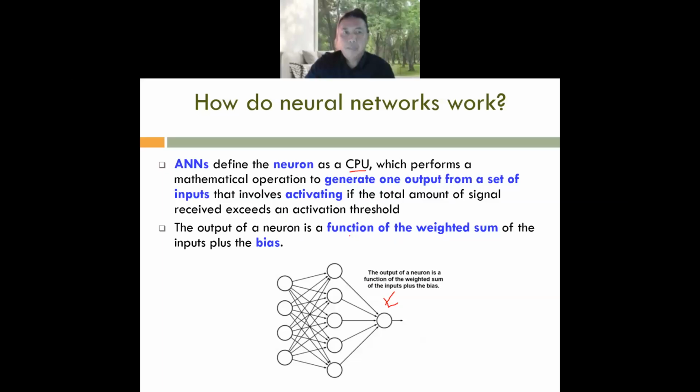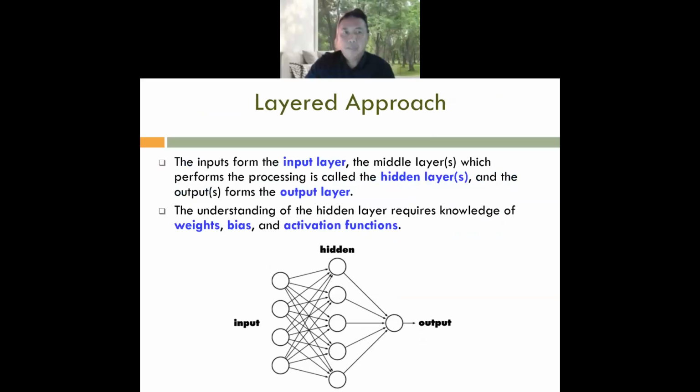So when we try to train the neural network, basically we are trying to adjust the weightage in such a way that the input given will match the output given in the training sample that we have. We also have this bias. We will talk about that later on. So basically we have the input, hidden, and then the output.